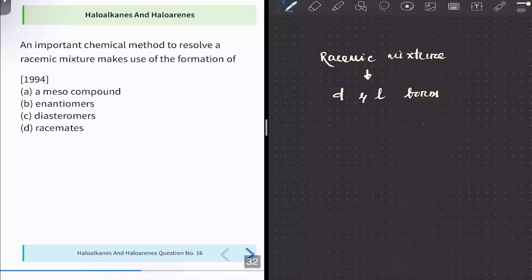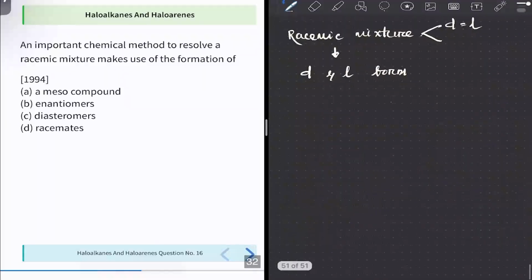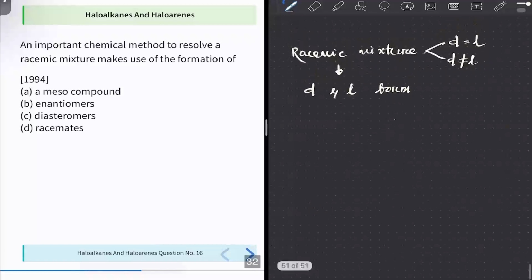That racemic mixture can be fully racemic or partial racemic. Fully racemic means D and L are equal in quantity, but partial racemic means D and L are not quantitatively equal.